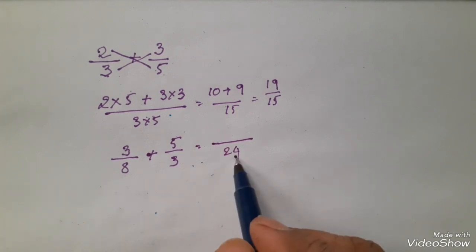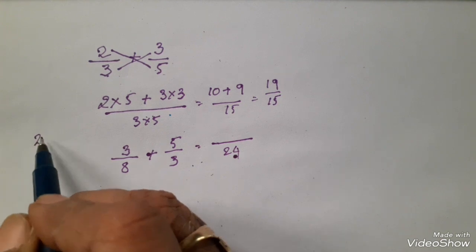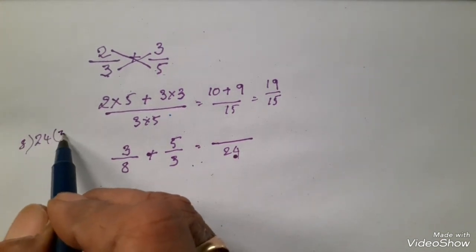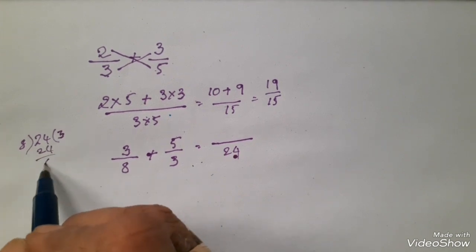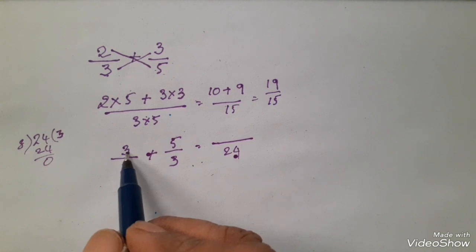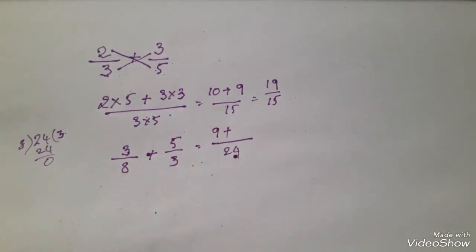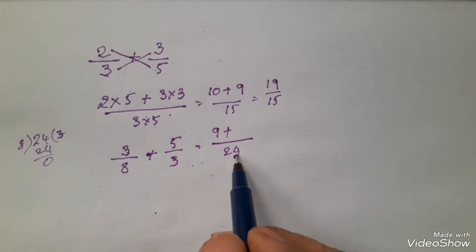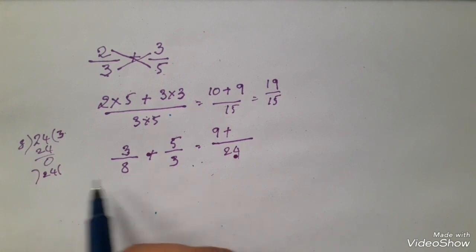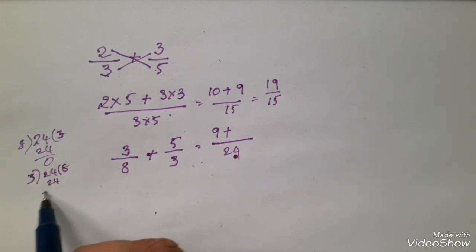Now this 24 is divided by 8. What do you get? 8 3s are 24. So with this coefficient you multiply this numerator. 3 into 3, 9 we get. Again this 24, that is the LCM, is divided by this denominator 3. 3 eights are 24.